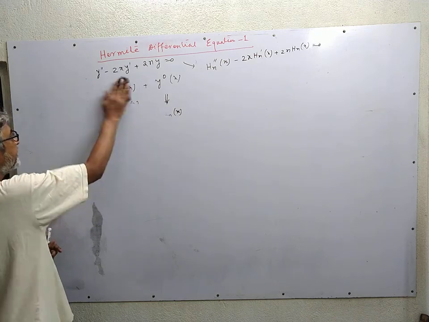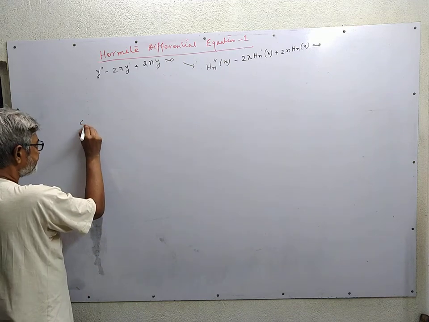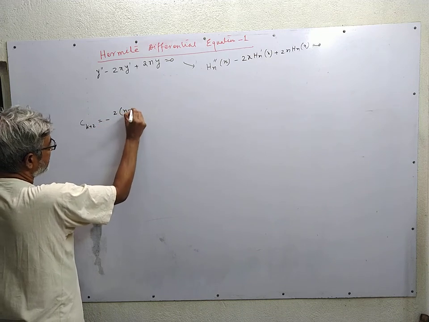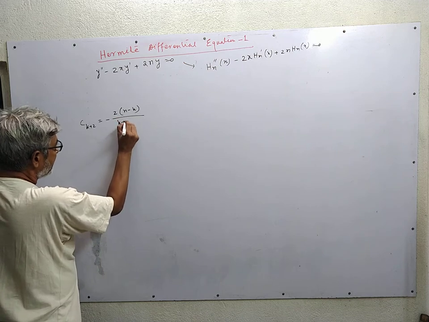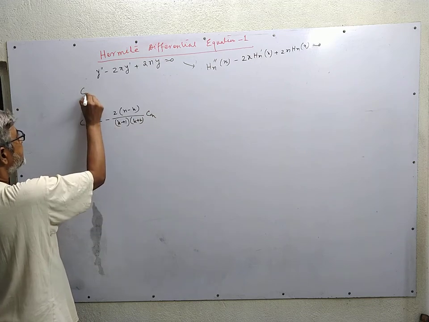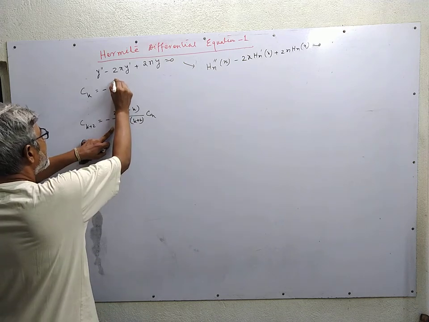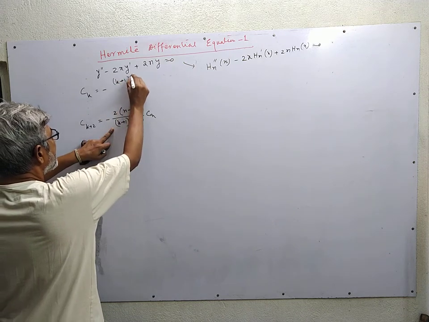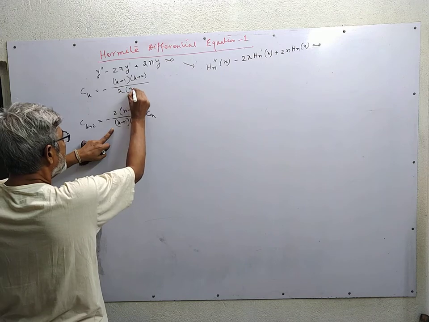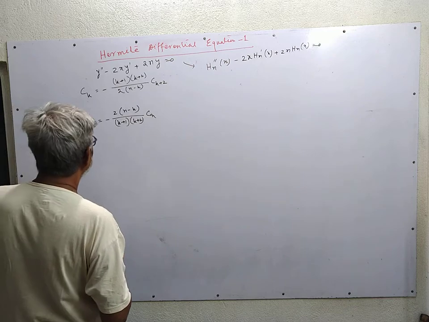So we rewrite the recursion relation. Our original recursion relation was C of k plus 2 is equal to minus 2 times n minus k, divided by k plus 1, k plus 2, times Ck. We write it as Ck is equal to minus, and this is the relation.